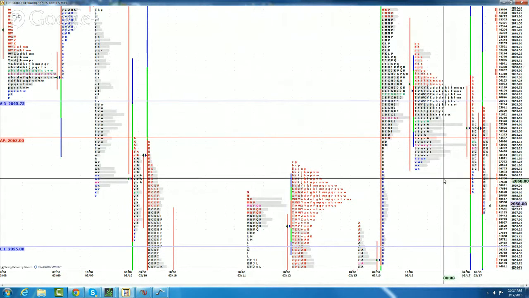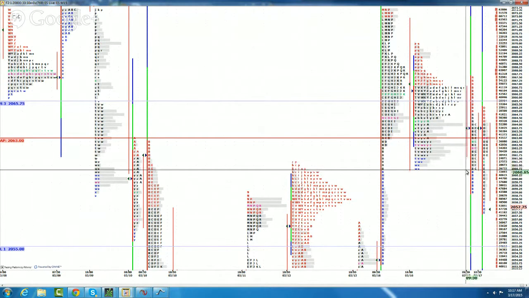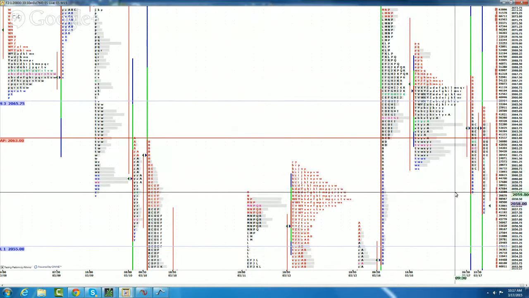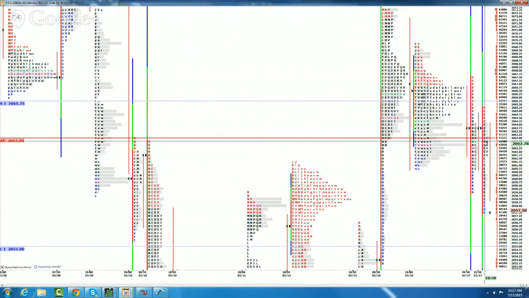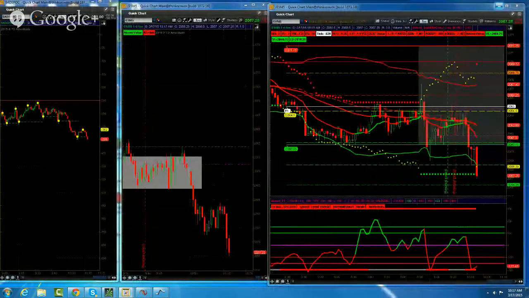C was a non-factor because it had a high of 2064 and a low of 2060, and B's range was lower on both ends. So that's the IB range, the first hour. Let me take this out. Did that answer the single prints question?